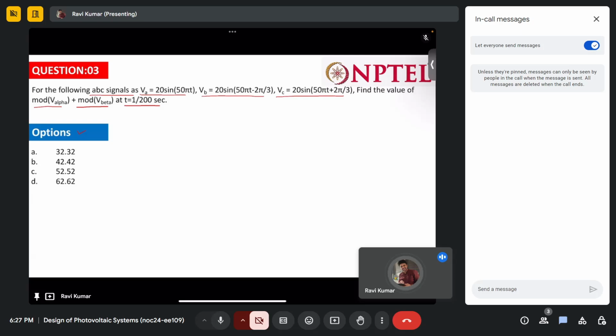So which matrix do we need to utilize, which converts A, B, C into alpha beta? This is the matrix which we require.